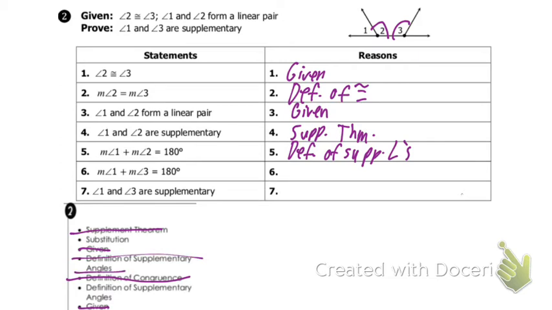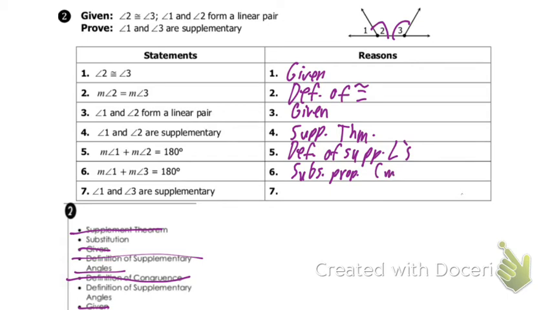Now on number 6, measure of angle 1 and the measure of angle 3 equals 180. Well, are we going math to math? Or are we doing math to words or words to math at all? No, it's probably not a definition. Okay, Seth, what are you thinking? Substitution. Seth, what are you substituting here on the step by chance? Measure 2 and measure 3. Where do we see that those things are equal?